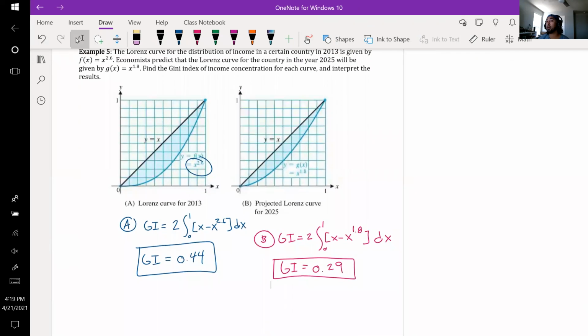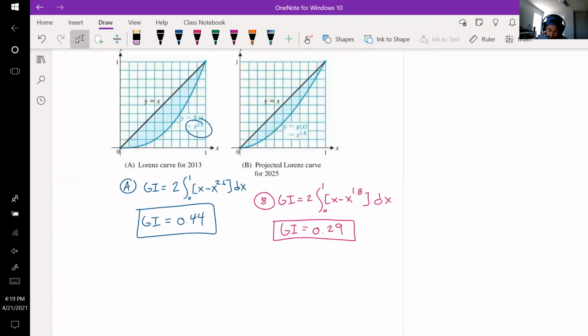So based on our results, I guess what could you guys tell me from the results? Because remember, the closer you are to 0, the more income is being equally distributed. And the closer you are to 1, the more income is being unequally distributed. So what do you guys think? The index went down, so it's closer to 0.